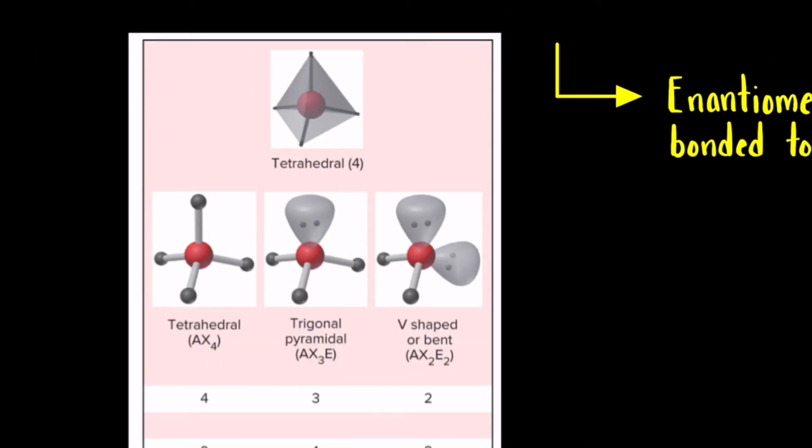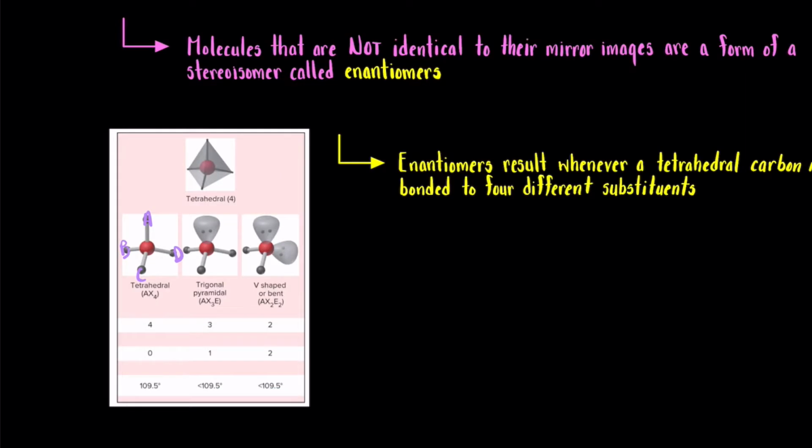Remember electronic geometry and molecular geometry. If you have a tetrahedral sp3 hybridized carbon atom, that's a carbon atom with four electron domains, we'll have tetrahedral geometry. And if it's bonded to four different substituents, say A, B, C, D, that atom is a stereocenter, and the molecule as a whole would be called an enantiomer.